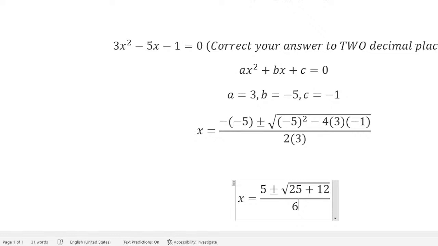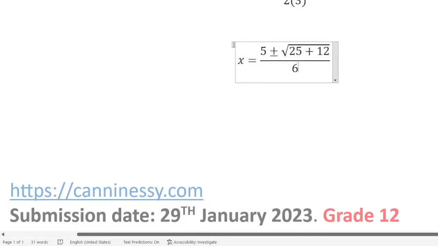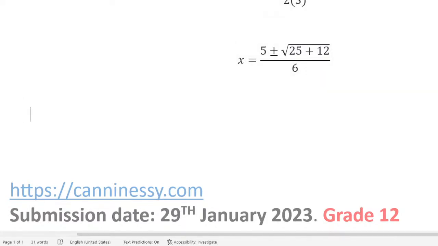Then you put everything in a calculator and you get the values of x, so we have 2 possible values of x. You can put that in a calculator, then get the correct answer.